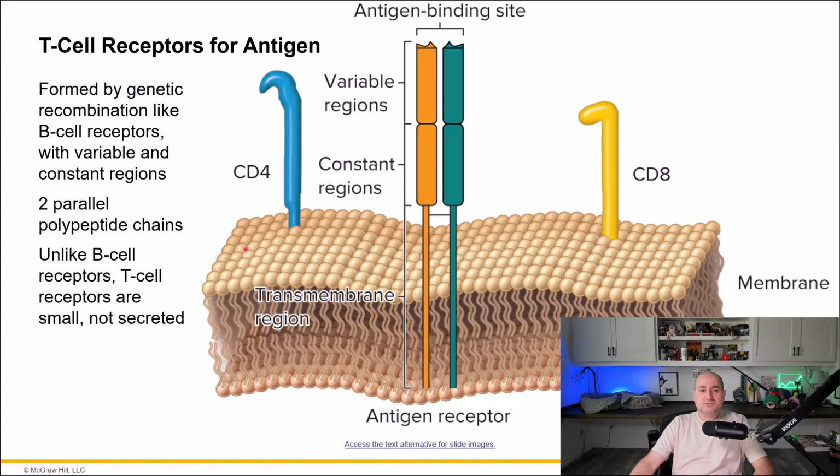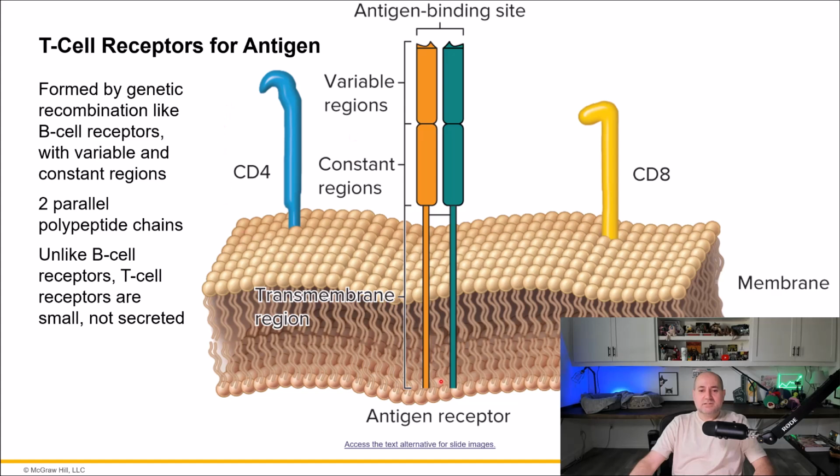When scientists want to know what type of blood cell they're working with, if they see this structure on top of the blood cell, they know it's a helper T cell. However, the cytotoxic T cells have this instead. They've got CD8, cluster of differentiation 8. So if you see this on a blood cell, then it's a cytotoxic T cell. If you see this one, it's a helper T cell.